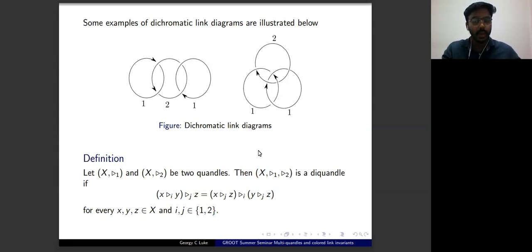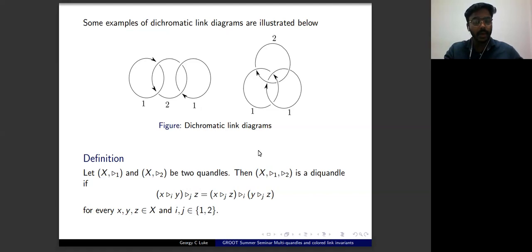In the literature, the notion of diquandles is defined to construct dichromatic link invariants, as quandles are for constructing link invariants.